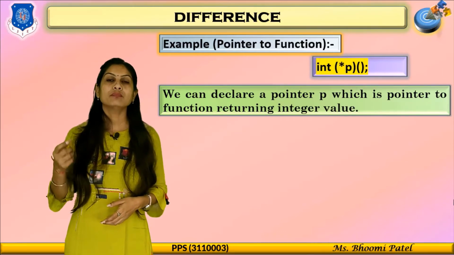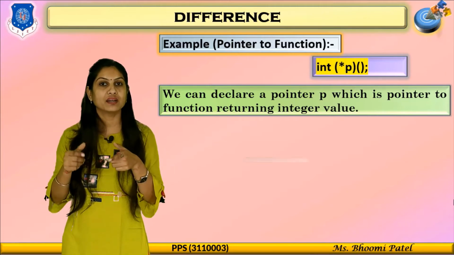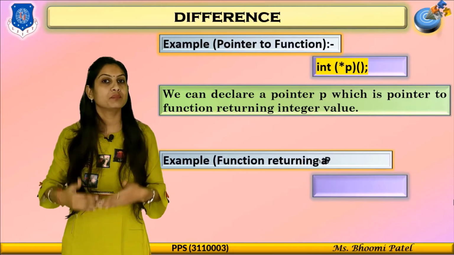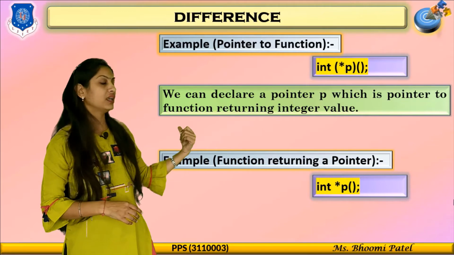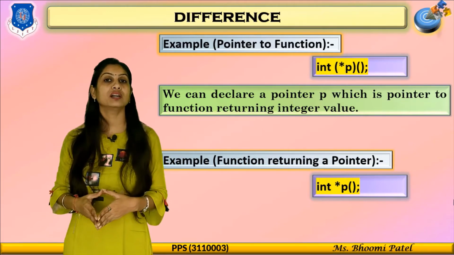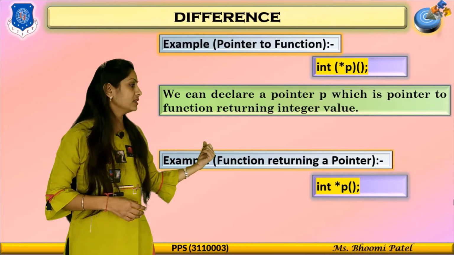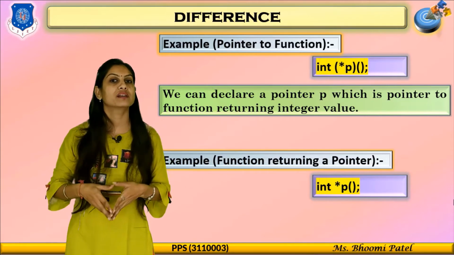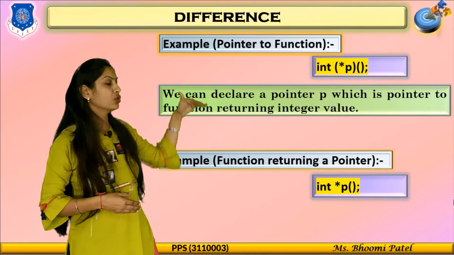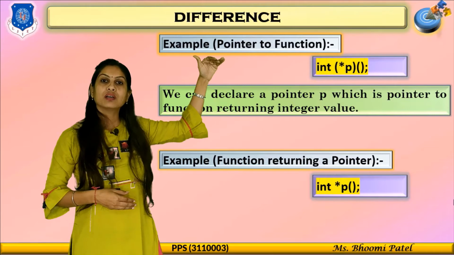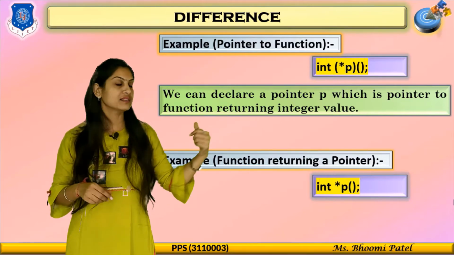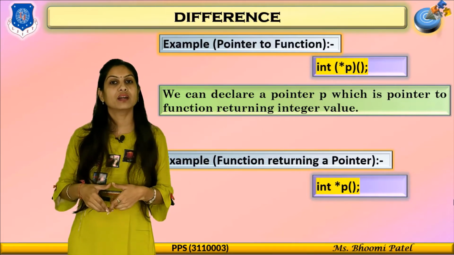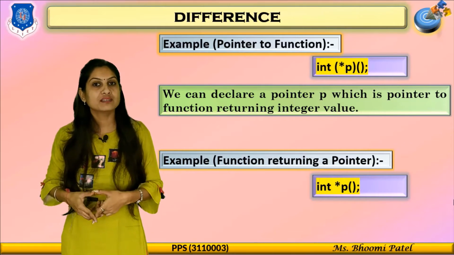But if I remove the round brackets around P, then the concept changes. How? Let's see the example of function returning pointer, that is int star P with simple round brackets. You can see both of these, first with round brackets around P and second without. So my concept is changed.